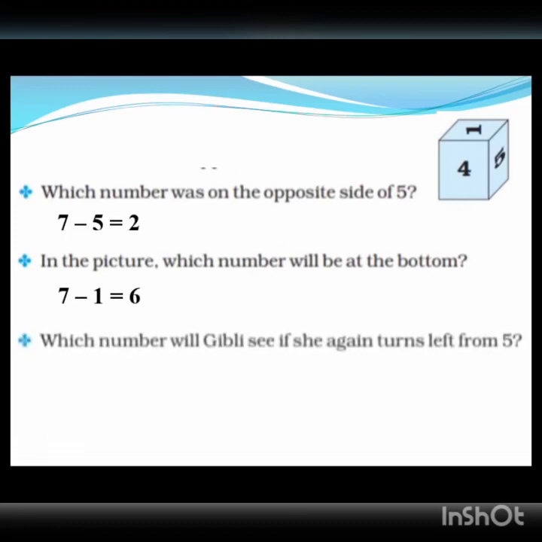And the last question, which number will Ghibli see if she again turns left from 5? If she turns left from 5, she will reach at the opposite face of 4. So, she will see 7 minus 4, that means number 3. Clear? Very good.